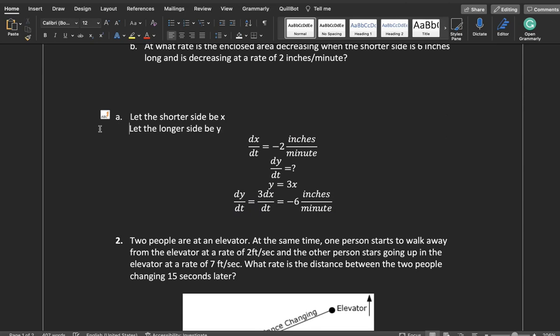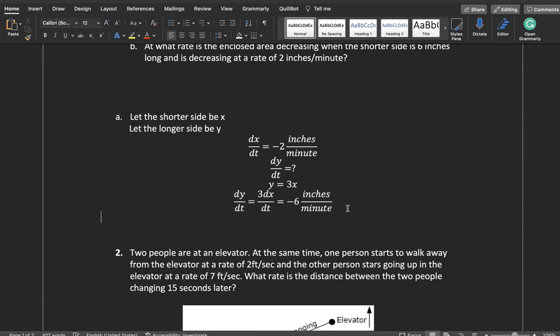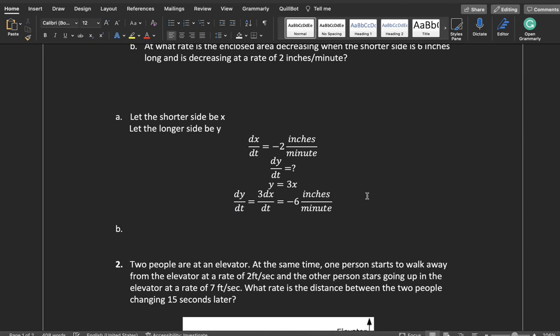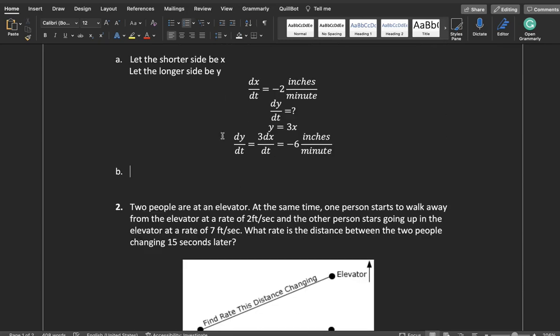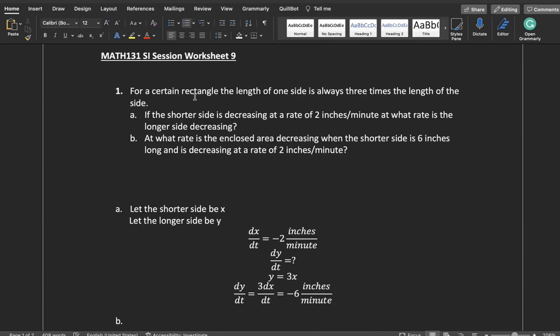So now let's look at sub question B. Here we're being asked at what rate the enclosed area is decreasing when the shorter side is 6 inches long and is decreasing at the same rate as the one given in sub question A. So here we have a rectangle.